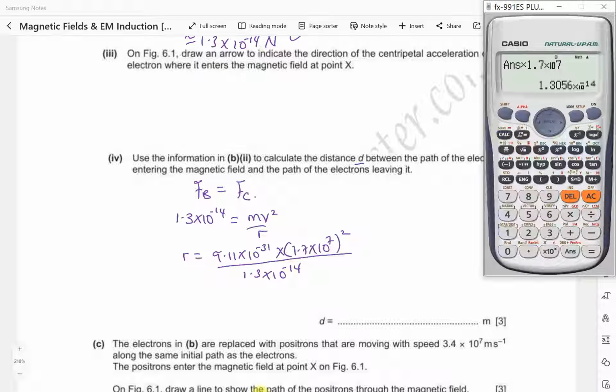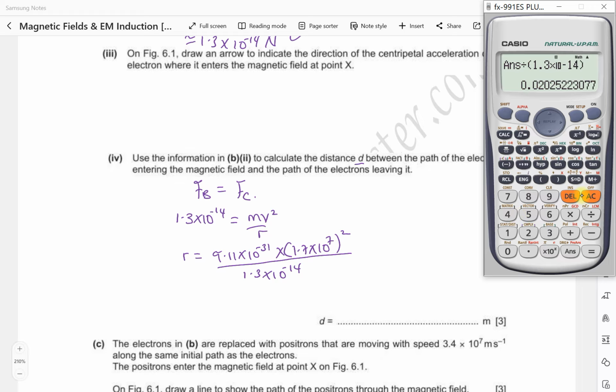So from my calculator, 9.11 exponent minus 31, then times 1.7 exponent 7 squared, divide by 1.3 exponent minus 14.